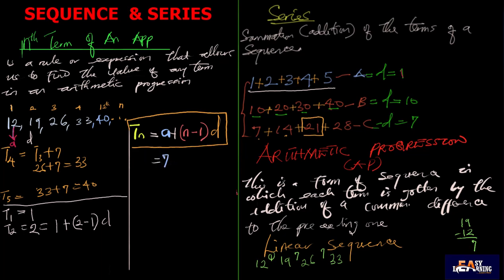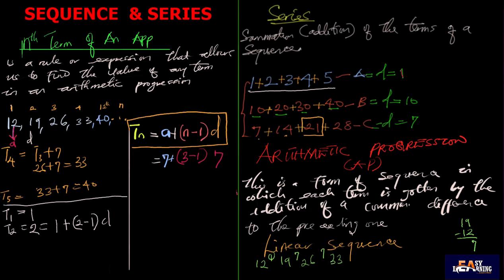We're going to bring down our plus sign, and then the term that we are looking for is the third term. So that will just be the third term minus 1, and the common difference here is 7.